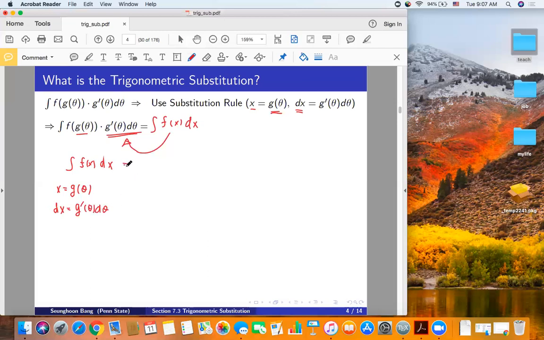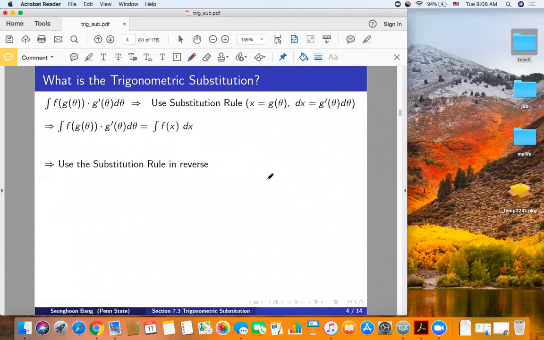So you can change the integral to f of g of theta, since x is g of theta, times dx, which is g prime of theta d theta. So like this. You think about this as going backward.